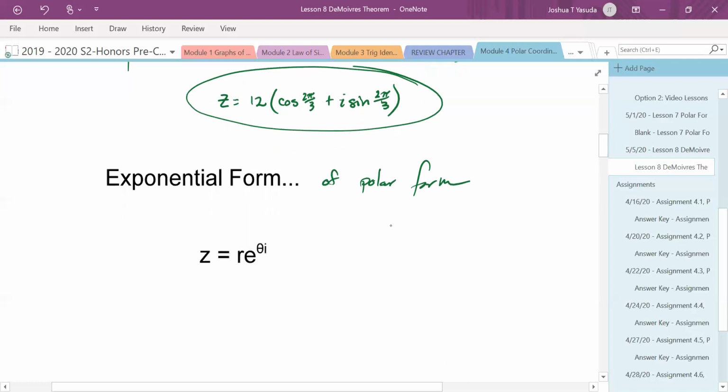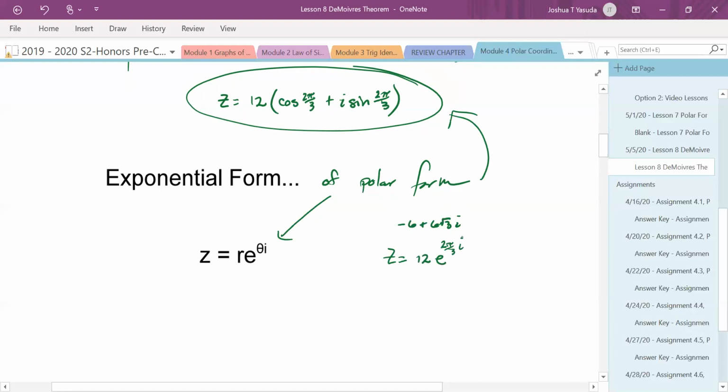So essentially I'm saying -6 plus 6 rad 3 i could have been written, instead of this guy up there, like this. We could have said z equals 12 e to the 2 pi thirds i.